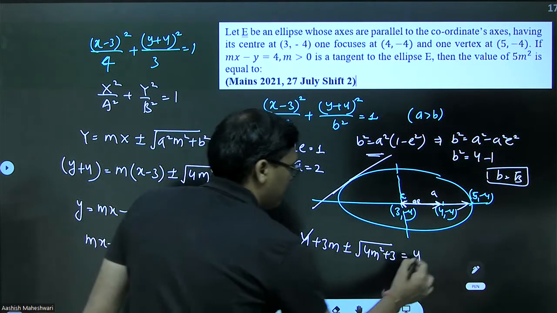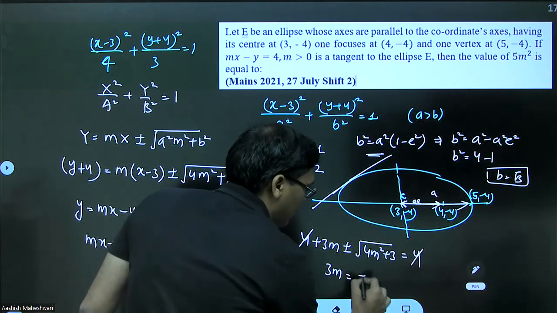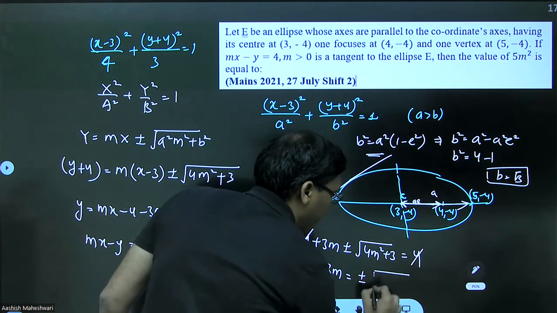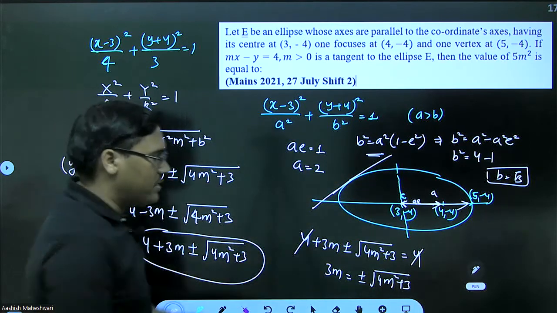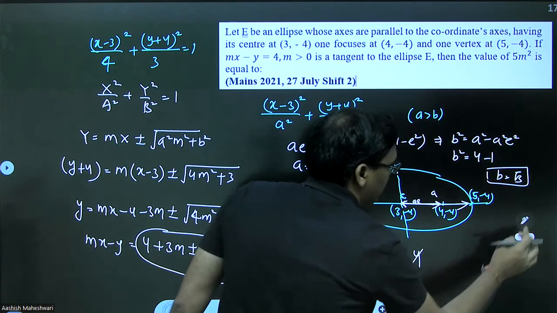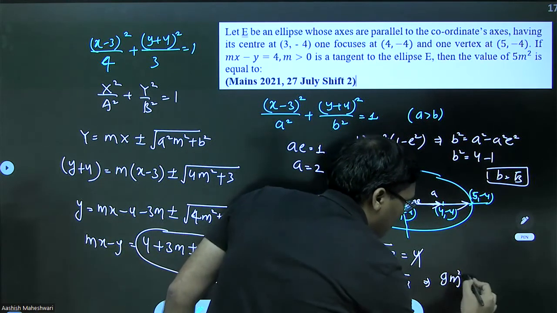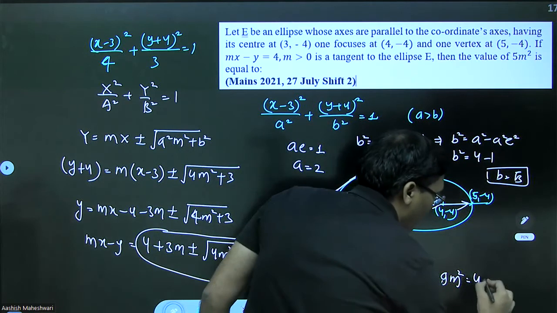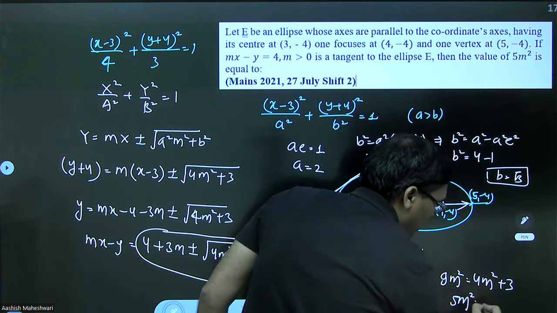You can just cancel this. So I can say this is 3m is equal to plus minus under root of 4m square plus 3. Now to solve this, what I can do is square कर दो. So this is 9m square is equal to 4m square plus 3. So what is this? 5m square is equal to.